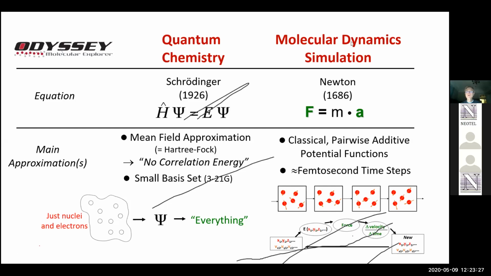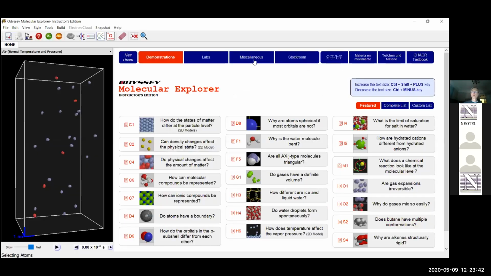I will close down this screen and do a new share for ODYSSEY. Okay, so this is the start page. You all already got, or will get, an activation code to use the program and play around with it for a while.